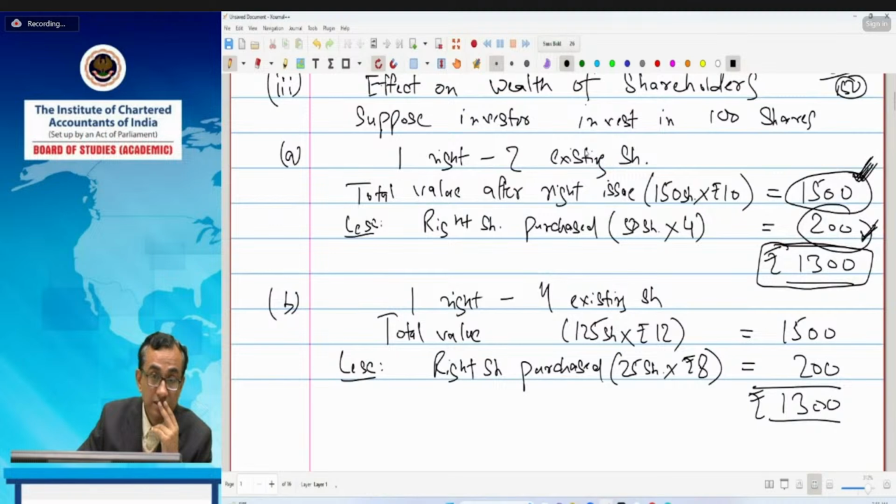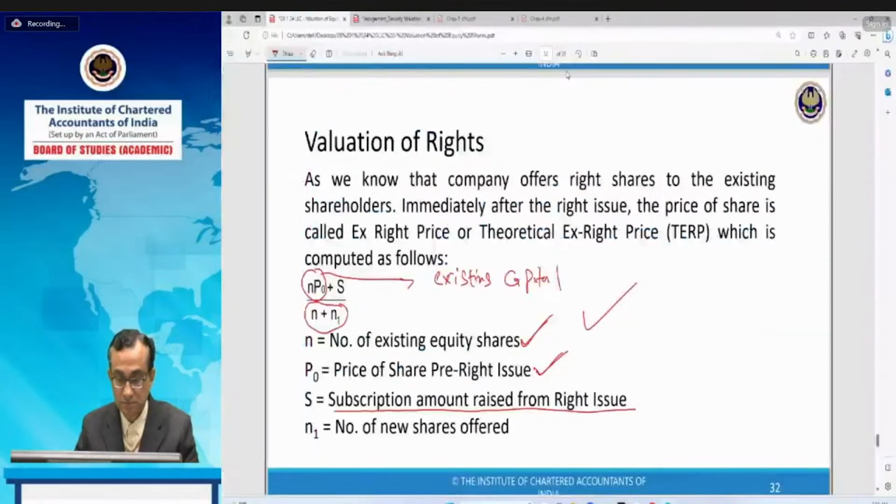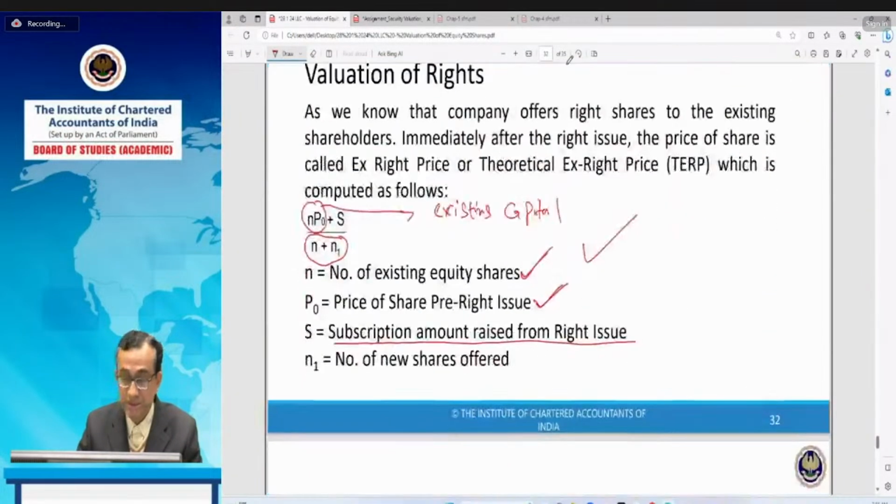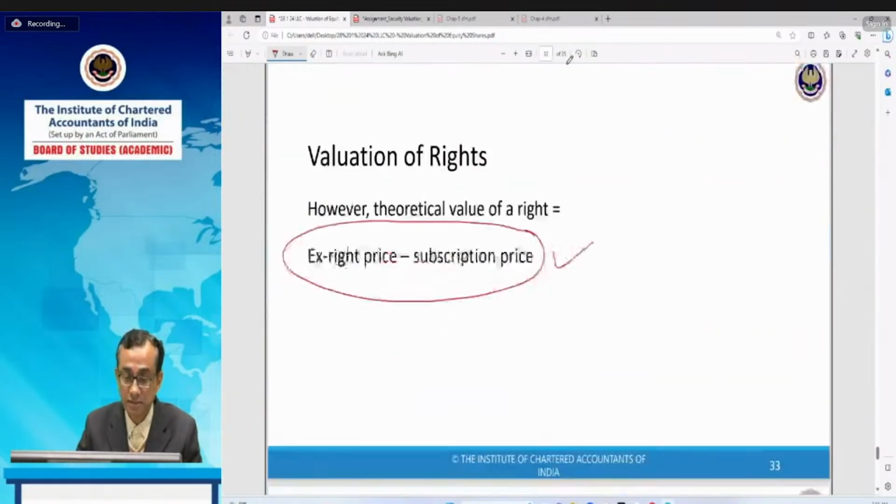It is the wealth, that is the net wealth we are calculating. Okay. So 1,300, what we have calculated, is the net wealth. That is the total value, and we deduct the purchase price, whatever expenditure the investor has made while purchasing the shares. I hope now it is clear to you, the valuation of rights.